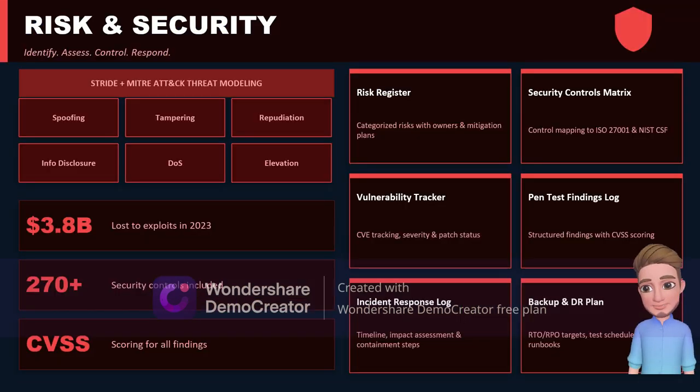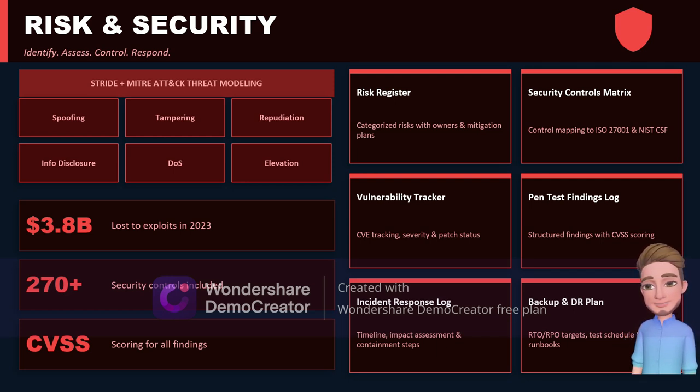Let's talk about risk and security. Blockchain doesn't eliminate risk, it relocates it. Smart contract exploits, private key compromises, validator collusion, and protocol layer attacks are real, documented threats costing the industry billions annually.